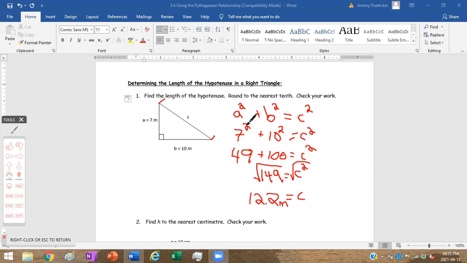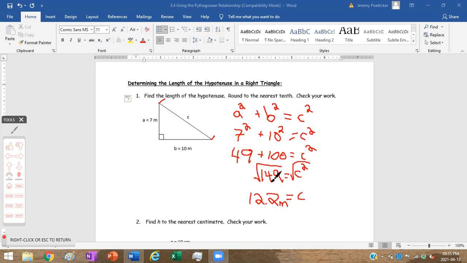Now, check my work. So let's go back and check it. This is the fun of checking my work. I've done half the checking already. So I make sure, did I get the numbers right here? 7 squared, yep. 10 squared, yep, that's good. 149, yep, that's correct. Okay, well now let's find out what 12.2 squared is, because 12.2 squared should be the same, or very close to the same as 149.